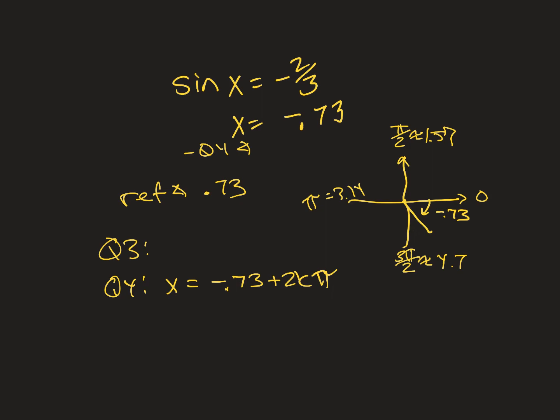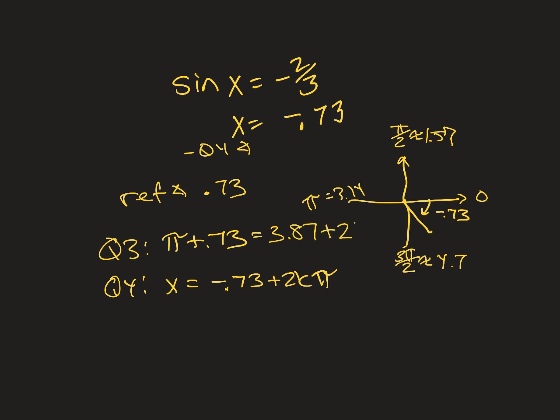But for quadrant 3, well, how am I going to get that? Well, the quadrant 3 angle I can get by saying pi plus my reference angle. That will get me into quadrant 3. So let's just do that quickly on my calculator. So plus pi, so about 3.87.